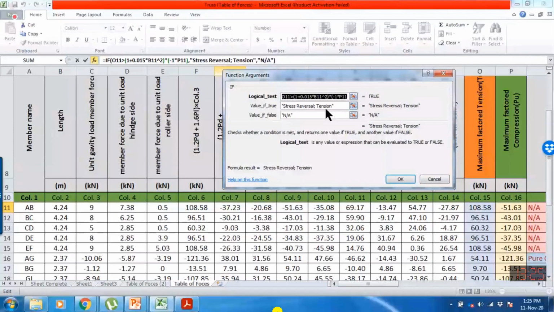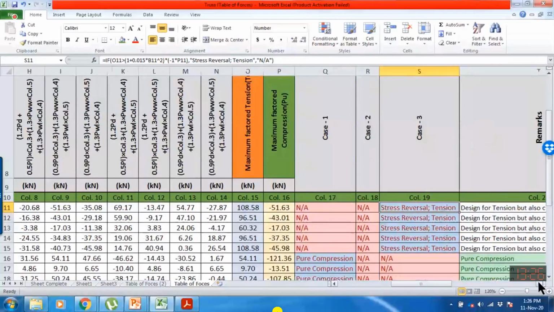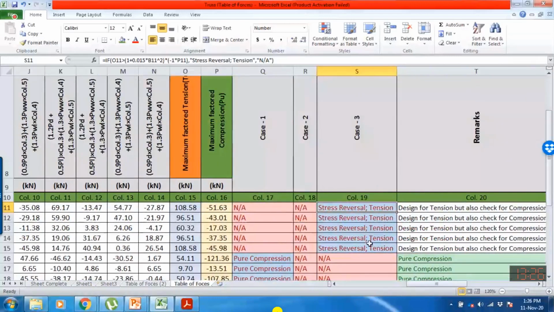If this condition is not satisfied, then he will write as a, I will modify it here. I think no need to repeat this column. But if this condition is not satisfied, then I will write the formula only in one. Okay, let me see first what he has done. So he has written stress reversal in tension.